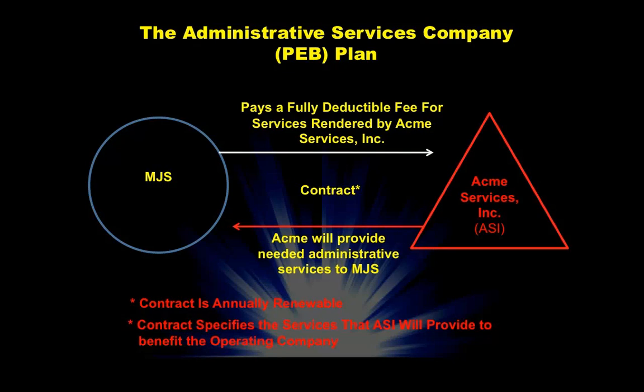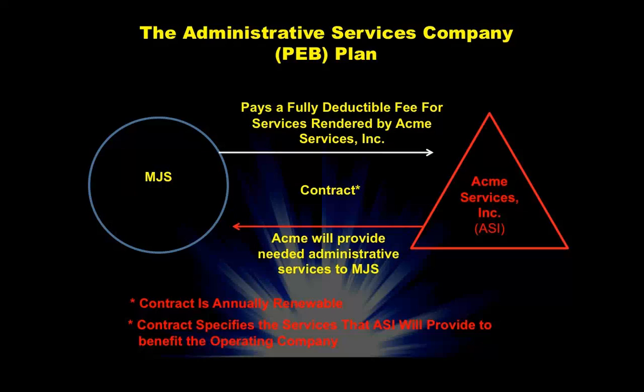So in this case, in the doctor's practice, it also provides some unique things such as billing and coding services, provides client confidentiality or patient confidentiality for HIPAA purposes, and it also deals directly with the insurance companies when it comes to collections. So Acme Services is providing real, tangible services back to the practice and to the real estate entity as well, and those create a deductible expense.